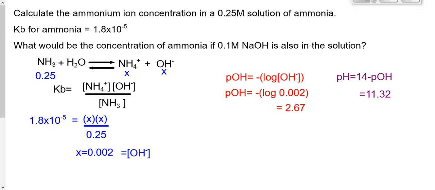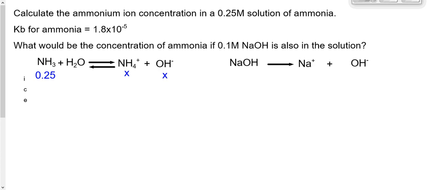But the question also asks us, what would be the concentration, and we will also solve for the pH, if we also add sodium hydroxide to this solution? Now we have a common ion problem. We still have the ammonia in water scenario, and their concentrations initially are still at 0.25, x, and x.